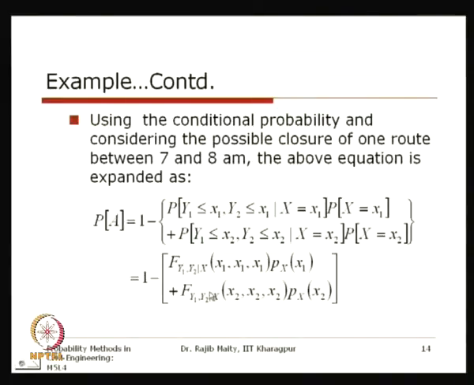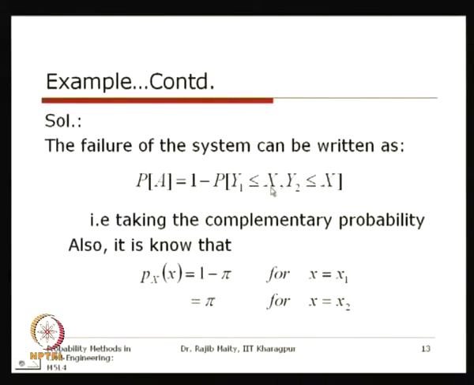Now, using the conditional probability and considering the possible closure of one route between 7 and 8, the above equation can be expanded. Let us once again refer to this one: 1 minus the probability that y1 is less than x and y2 is less than x. We are now expanding this term, y1 less than x, and also y2 less than x.